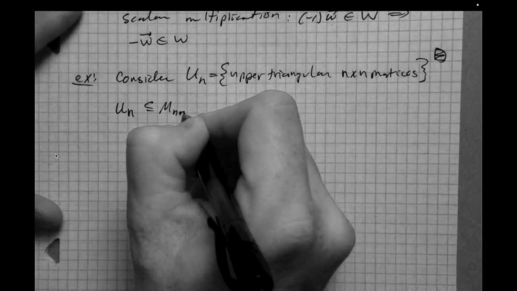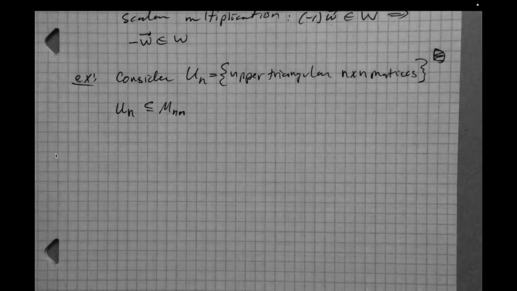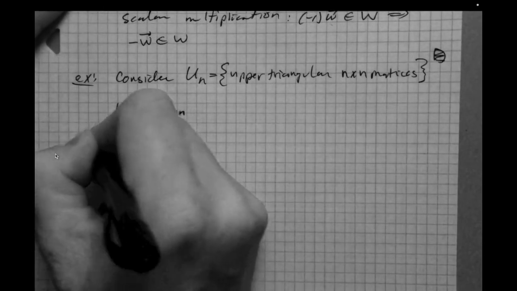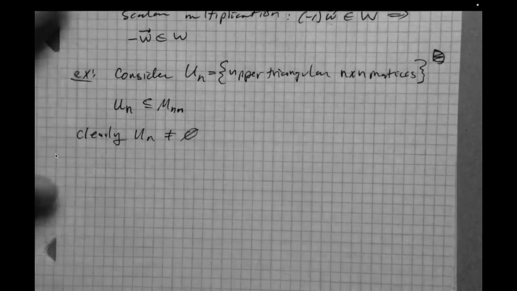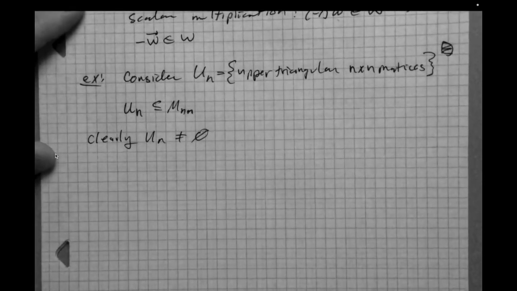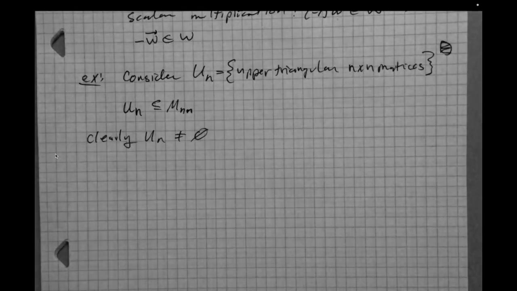Not every n by n matrix is upper triangular, but every upper triangular n by n matrix is an n by n matrix. And clearly U_n is not empty. Anybody can imagine an upper triangular matrix, so it's obviously not an empty set.